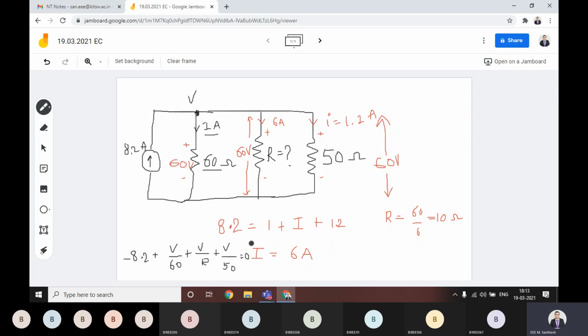If you substitute 60 here, you will get the R value. If you substitute 60, what will you get here? 1. Here, actually, we first calculated I, then we calculated the value of R. That is also okay.